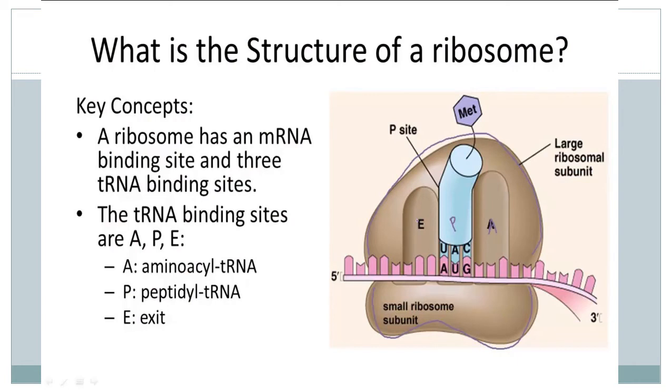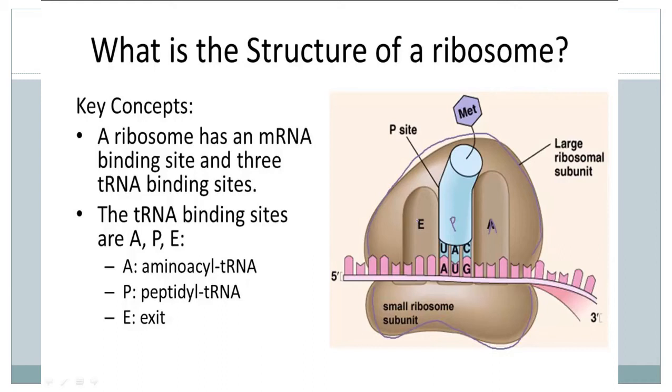Now look at the structure of this ribosome. It has two subunits, a large subunit and a small subunit. The ribosomes are involved in protein synthesis, so it has an mRNA binding site. You see the mRNA in the center with the codons which it has brought out from the nucleus, and both these subunits are assembled here with the mRNA and the tRNA.